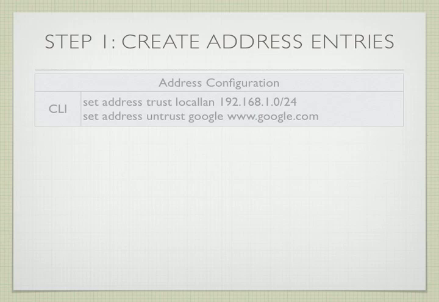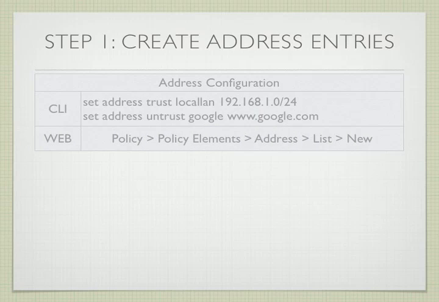So set address trust, local LAN, 192.168.1.0/24. Set address untrust, Google, www.google.com. ScreenOS, if DNS is configured, can use DNS names in addition to IP addresses.